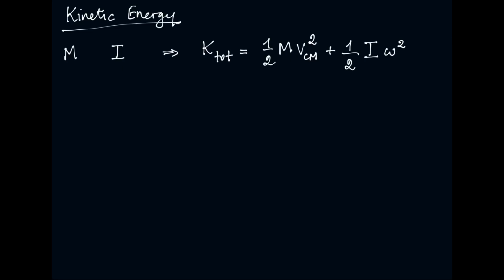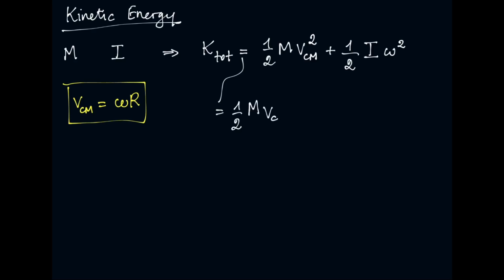Right. Now, I can rewrite these, since I had this relationship that the speed of the center of mass is none other than omega r. I can rewrite this as 1/2 m v of the center of mass squared.